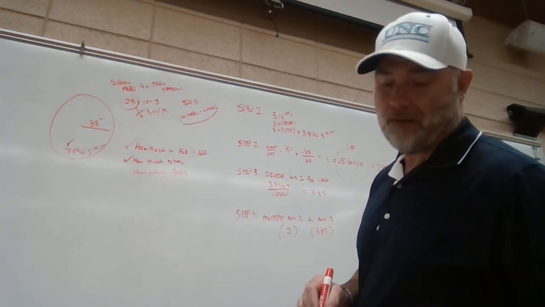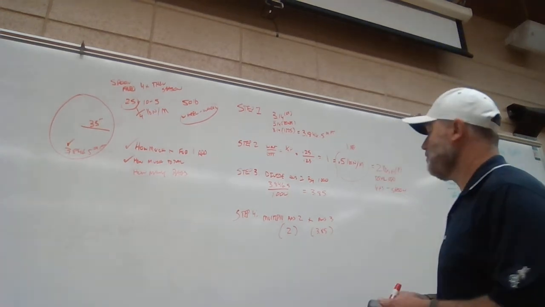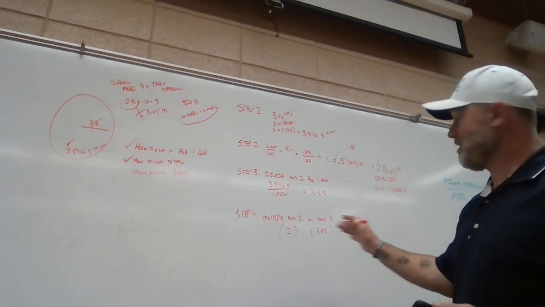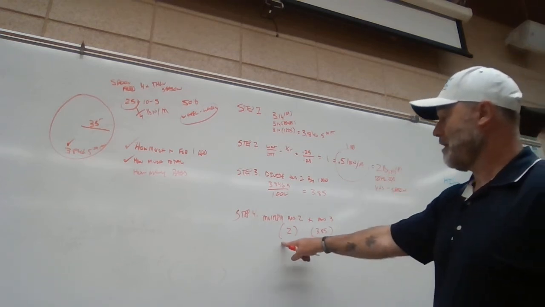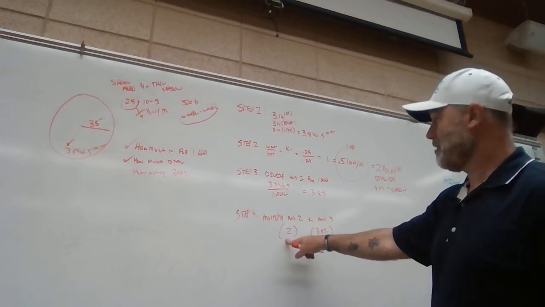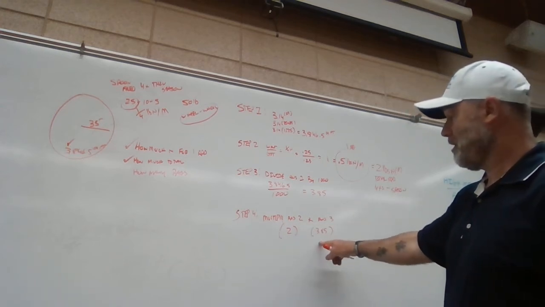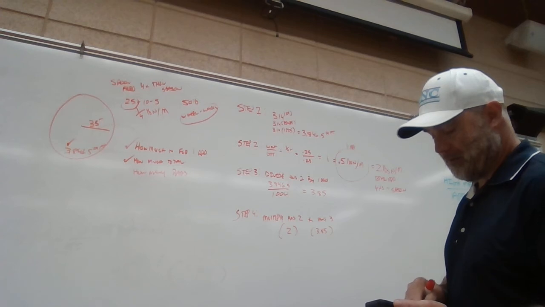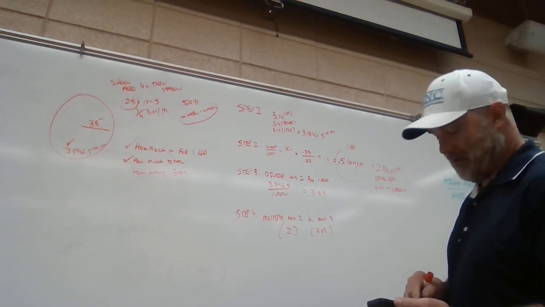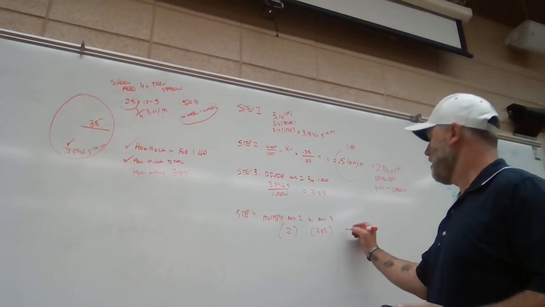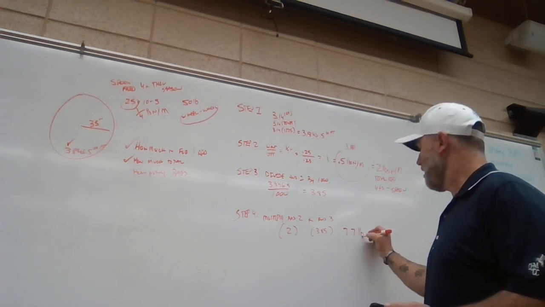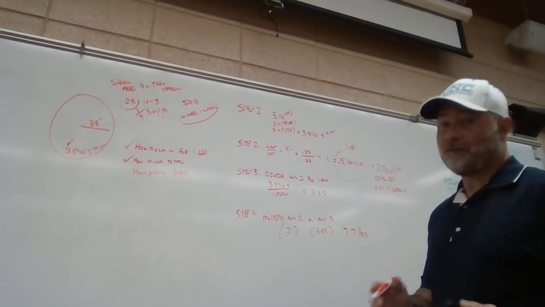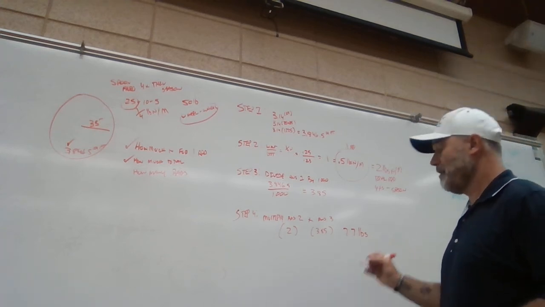Right? There's my whole application. 2 pounds times 3.85 equals 7.7 pounds of total product.